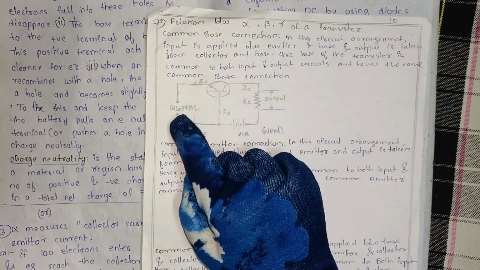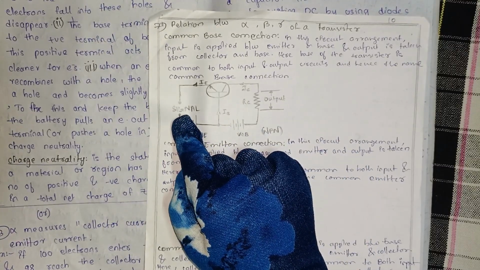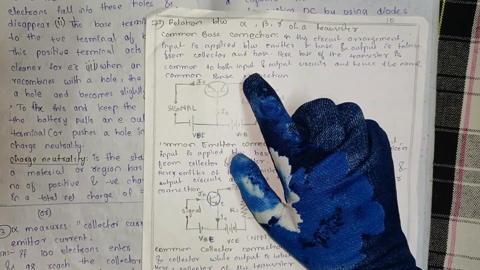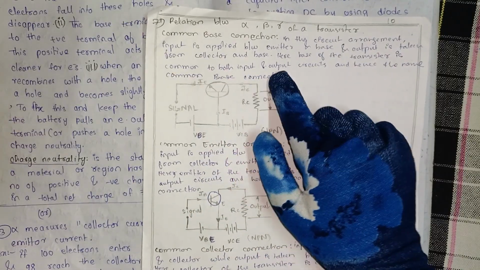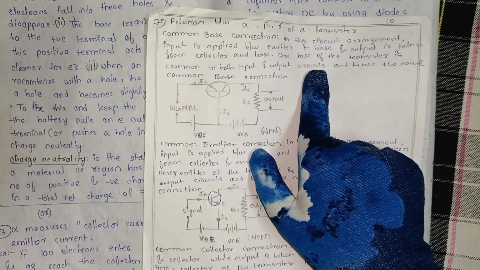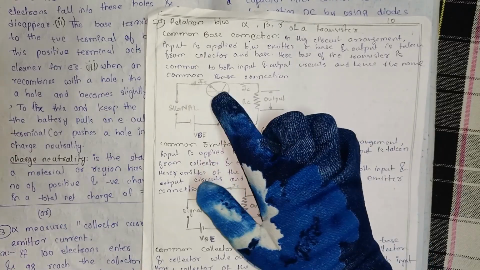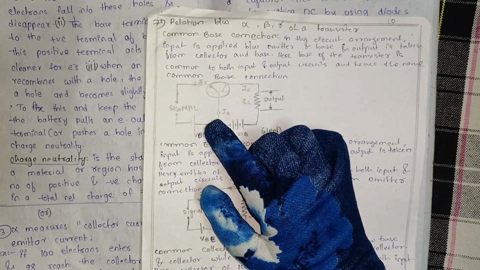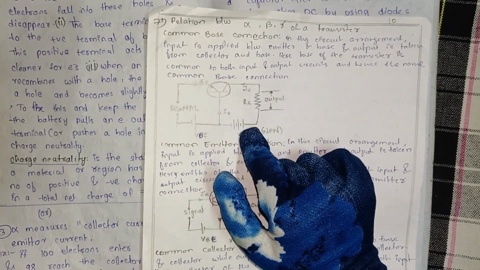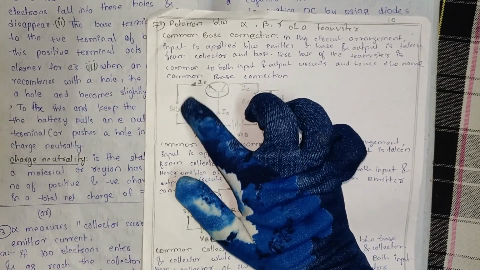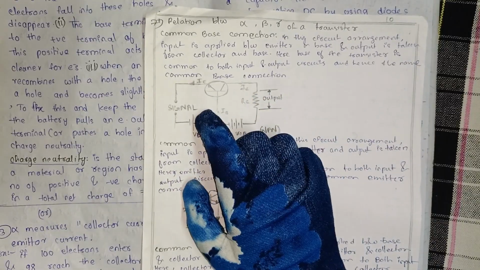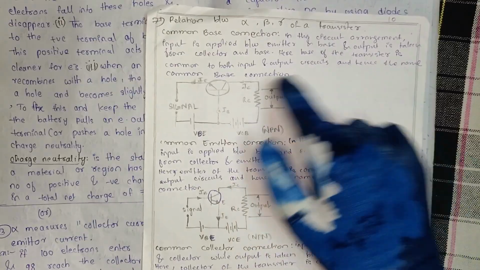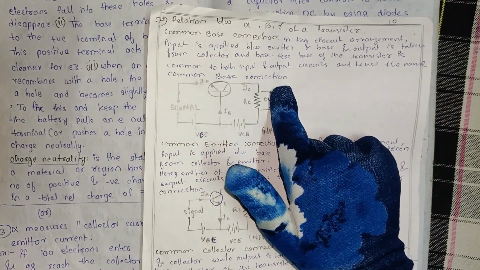Here is the output, here is the input signal. Here the base of the transistor is common to both input and output circuits. This is the input circuit and this is the output circuit. Hence the name is common base connection.